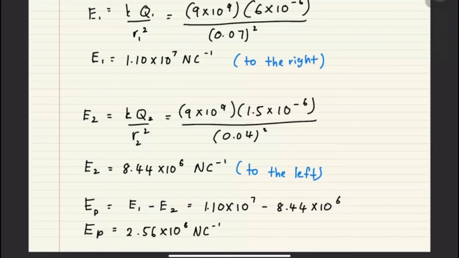Sama ke tidak? Sama sir. Okay, direction dia to the right. Sebab dia positif. Yes, very good.